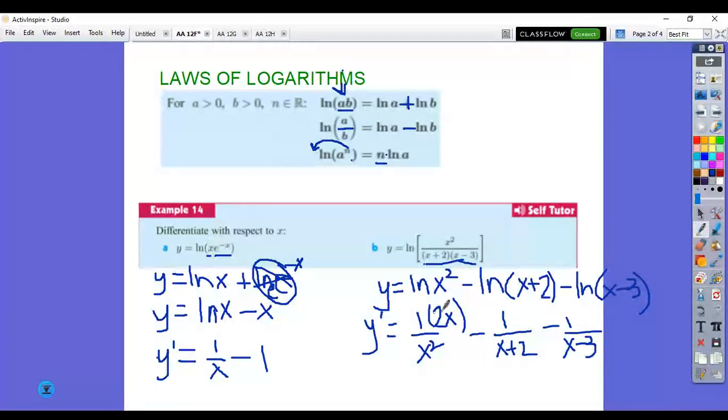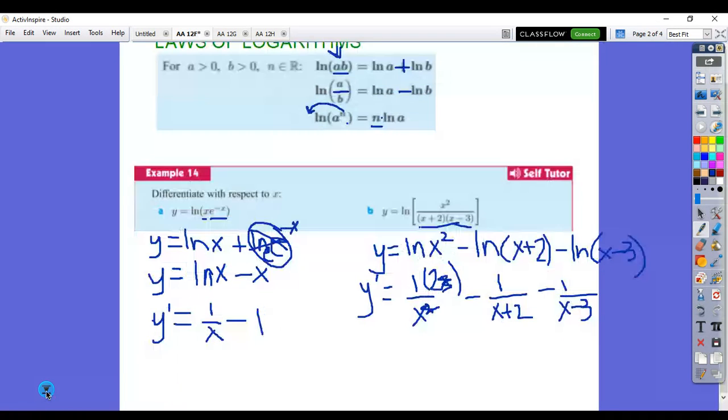Then I can simplify this. This x can cancel one of these x's. So that just turns into 2 over x, minus 1 over x plus 2, minus 1 over x minus 3. And I think that's it.